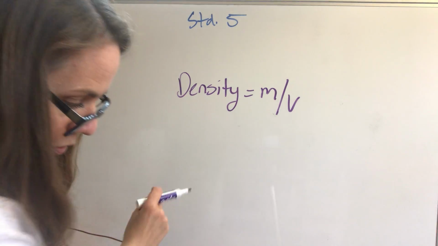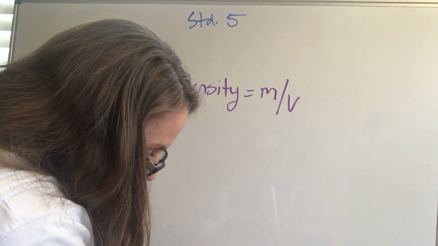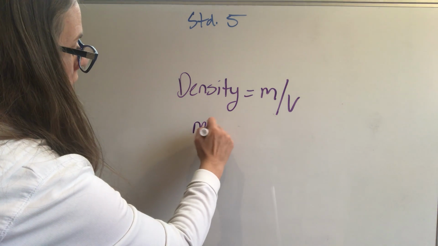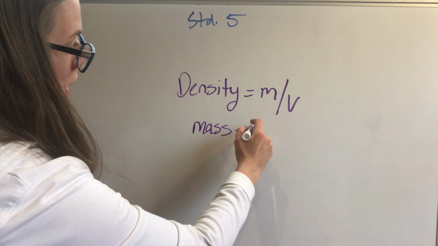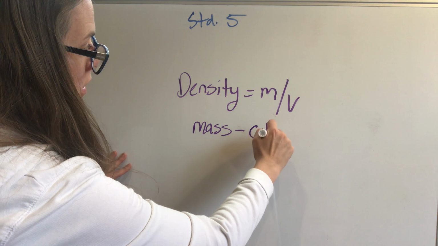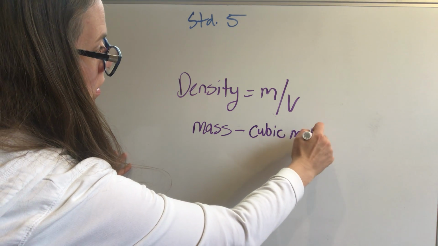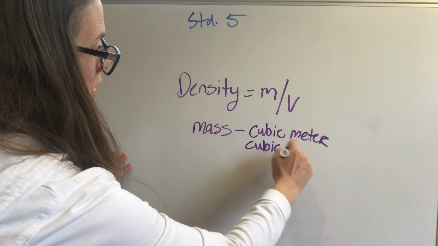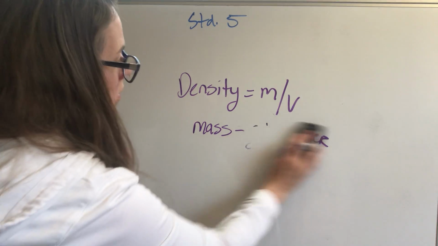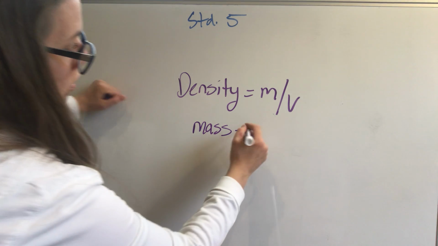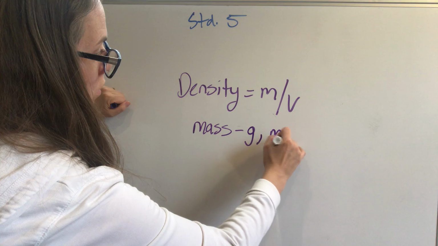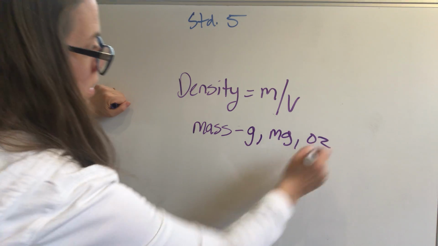So if you're hit with a question to calculate something's density, remember that the mass is usually going to be measured in grams or milligrams or ounces.